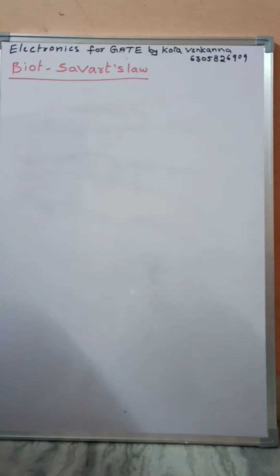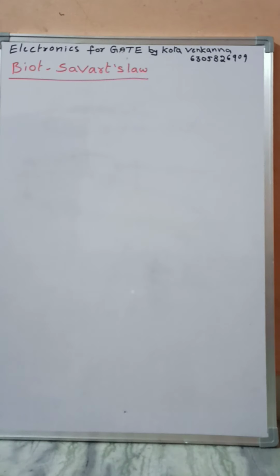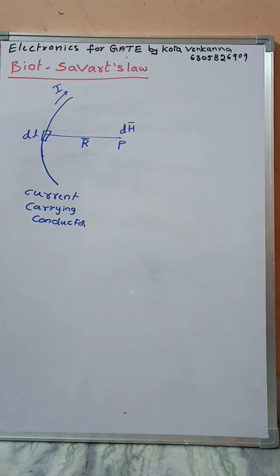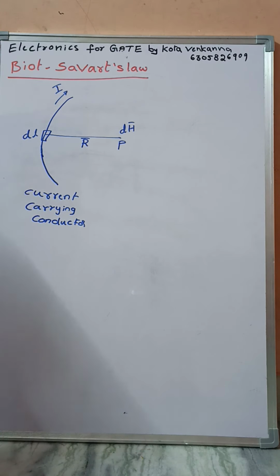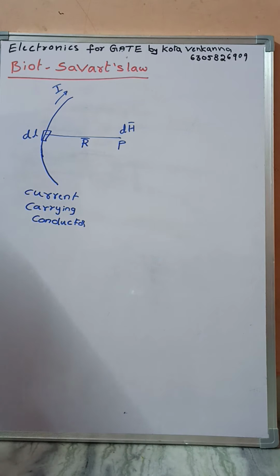In Biot-Savart's law, consider a conductor. This is a current carrying conductor. The current it carries is a direct current I, and it produces a steady magnetic field.